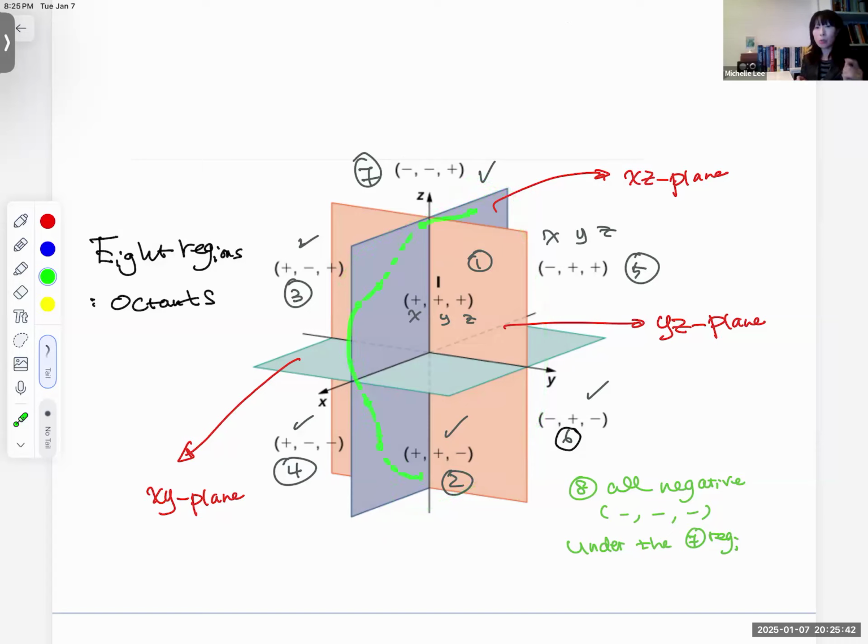So in this case, the equation is y equal to 0, right? Okay, now let's talk about the first octant. So here, this is the first octant. Look, everything is positive. This is the reason, okay? Can you see that?